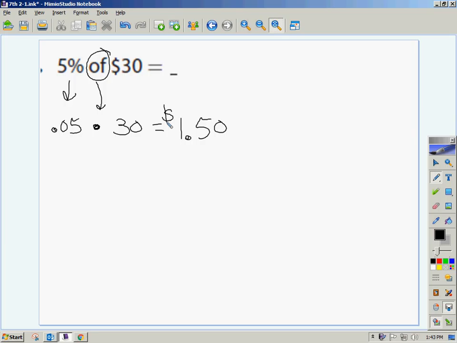The only thing that you really could show is that you're changing this to this, and right where it says of, you could put a multiplication symbol. Okay? There's not a lot of work to show for these. But on the others, you're going to have to show the work, because there are going to be others that require more work than that. Everybody okay? We all good?